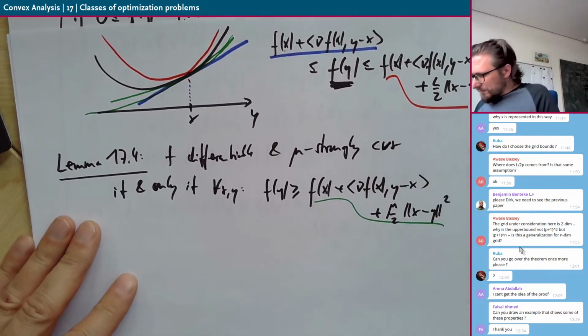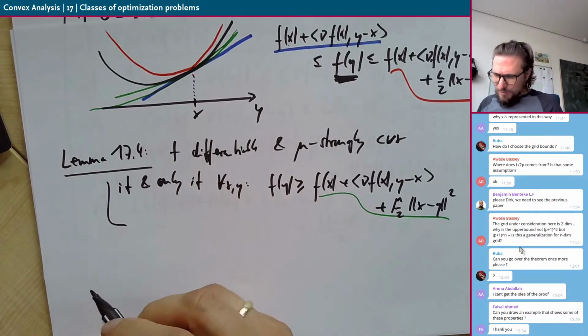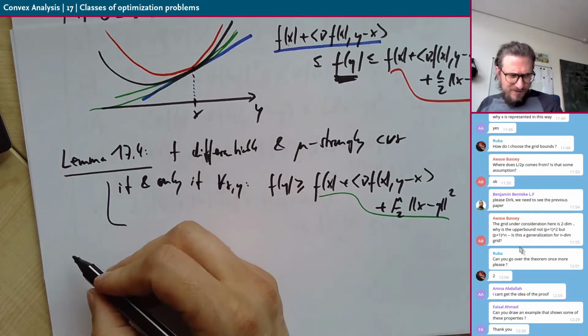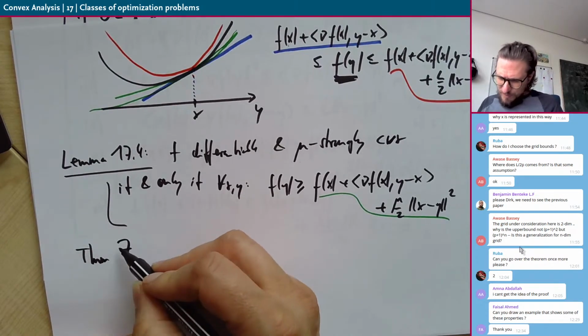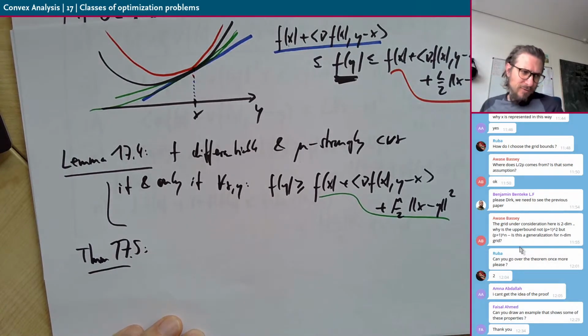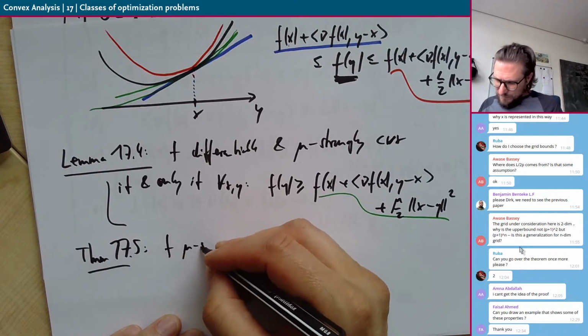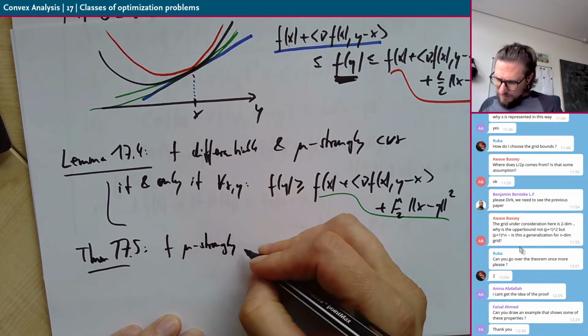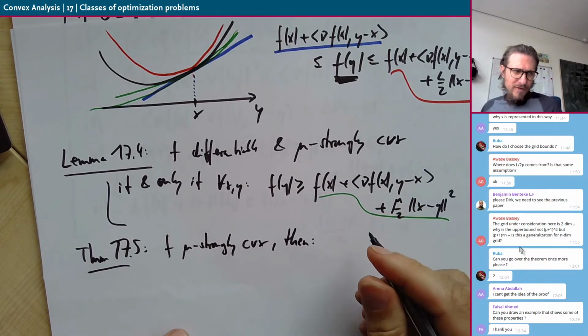So that is one of the next lemmas. So the next one is again, I could probably have joined it with this one, but for some reason I just, and also I call it theorem, probably it's not that well organized. So 17.5 is, because it's not an if and only if, f mu strongly convex, then, and I only prove then.